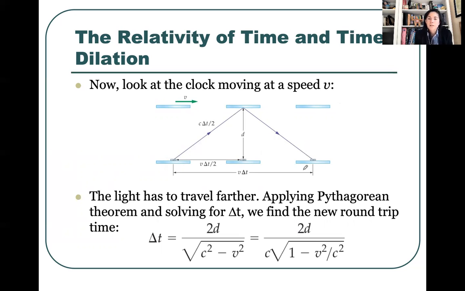Since the clock is moving at a speed v, we know that the distance traveled between here and here in an amount of time delta t, which is the time that we're measuring, is going to be v delta t. d is still the same distance, that has not changed.